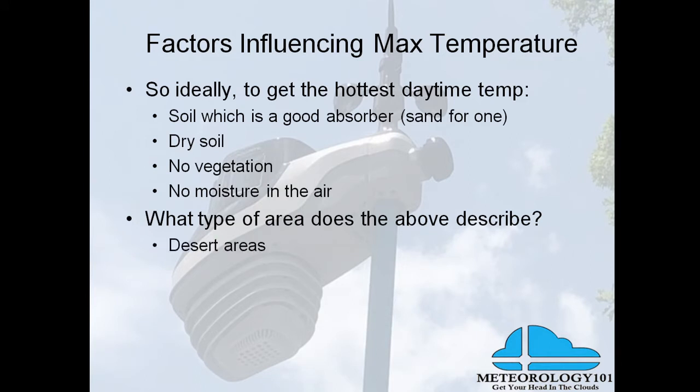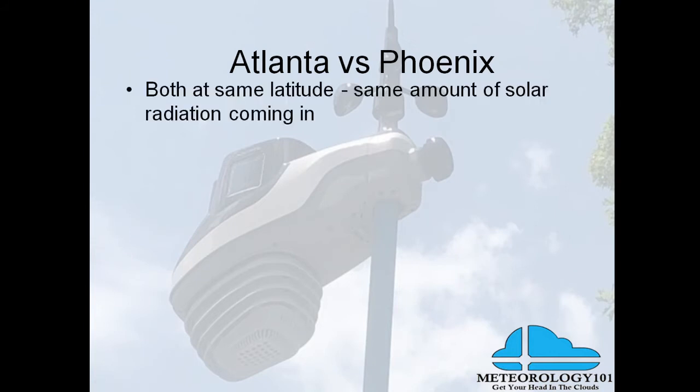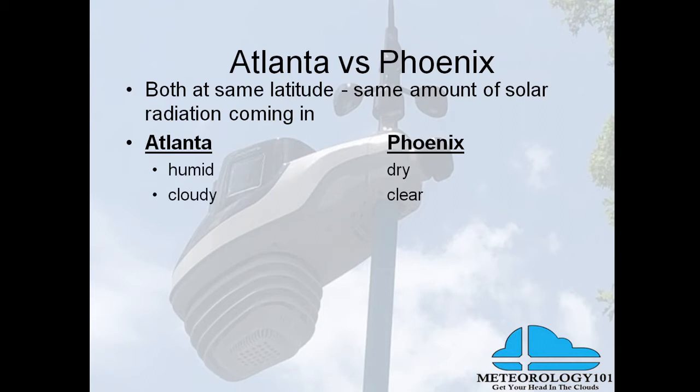It's the desert areas. So comparing Atlanta versus Phoenix here, they're at the same latitude, with the same amount of solar radiation coming in, but Atlanta is humid, Phoenix is dry.